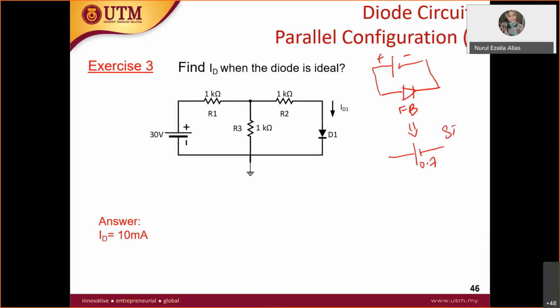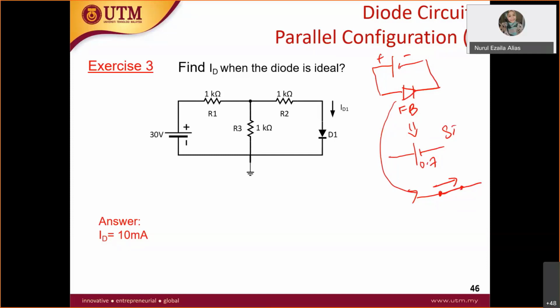But if this is an ideal diode, it allows current to flow through. It is not an open circuit, but becomes a short circuit like this, with no voltage drop. It just allows current to flow through, but no voltage drop.